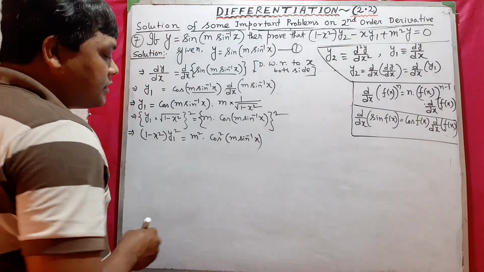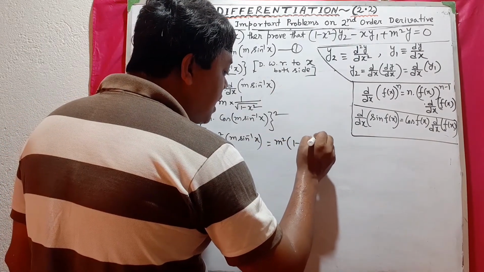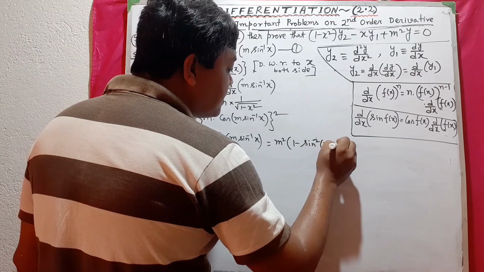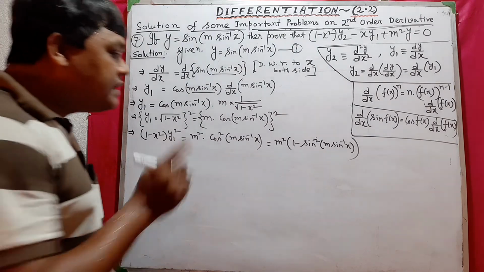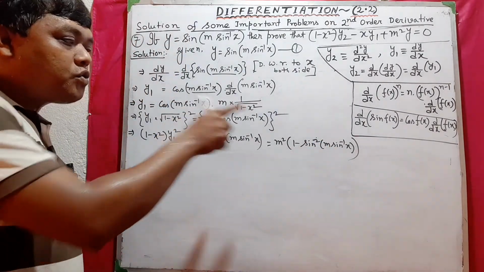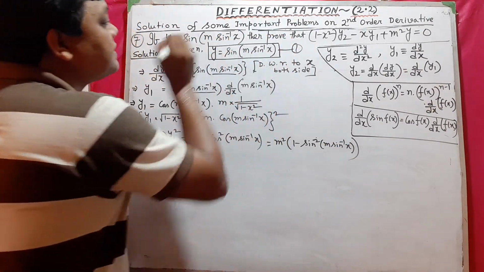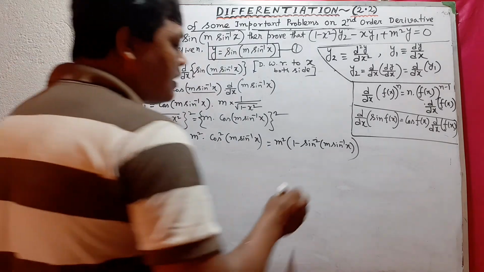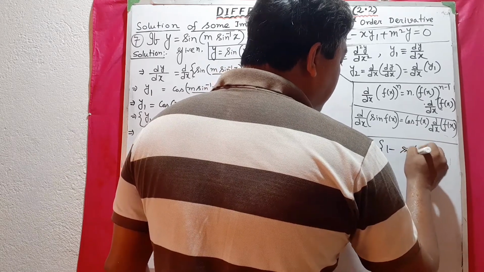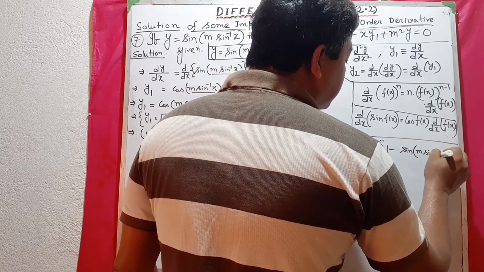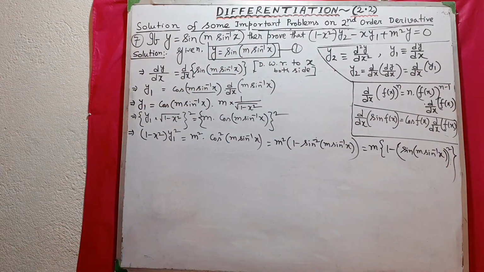Alright? So we can write m square into 1 minus sin square(m sin inverse x). Clear? cos square theta equals 1 minus sin square theta. Now sin of (sin of m sin inverse x), so we can write m square into 1 minus sin of m sin inverse x, whole square, which is y square.